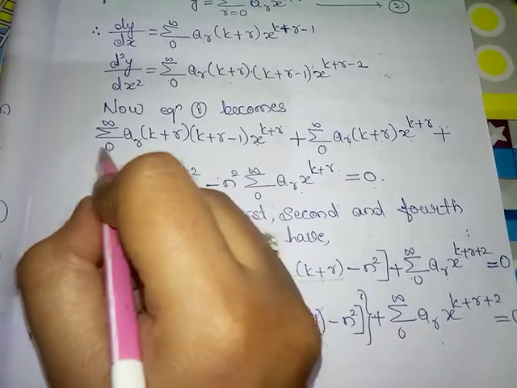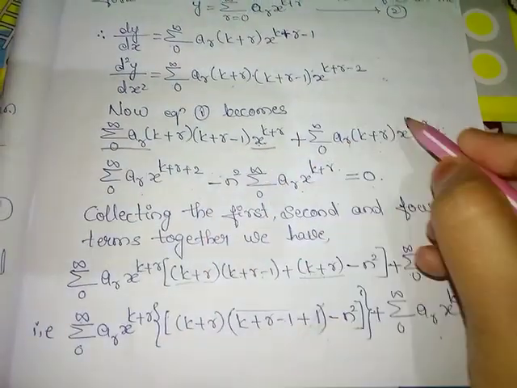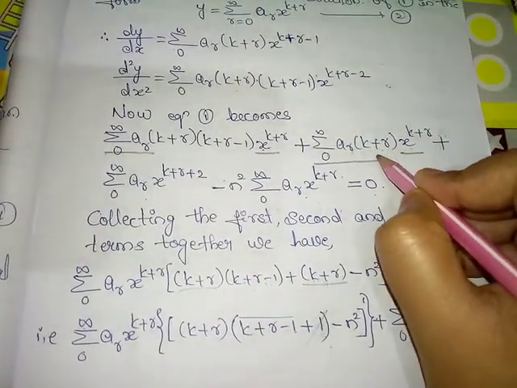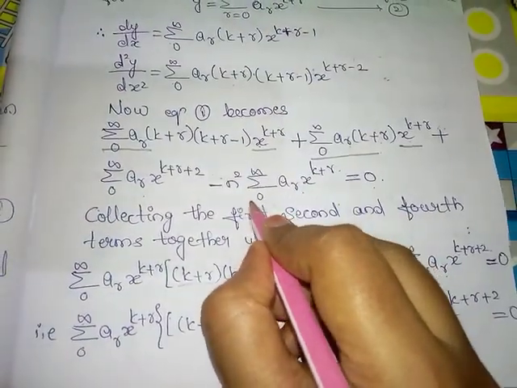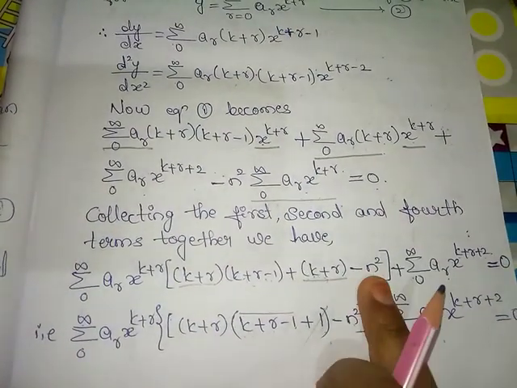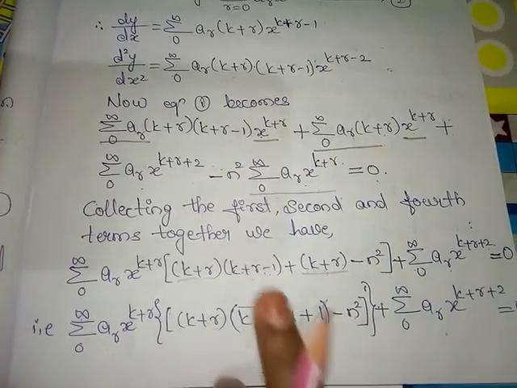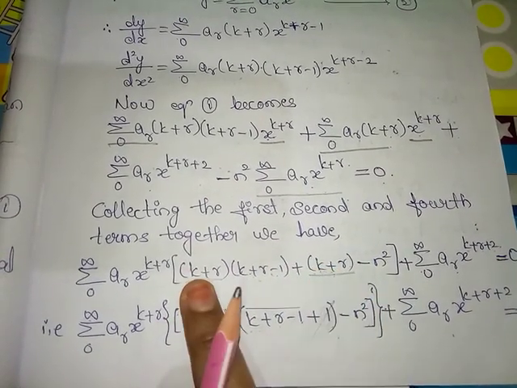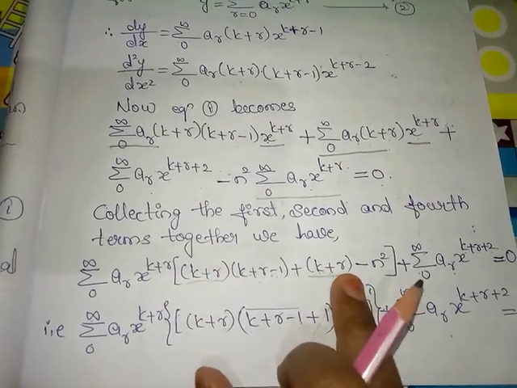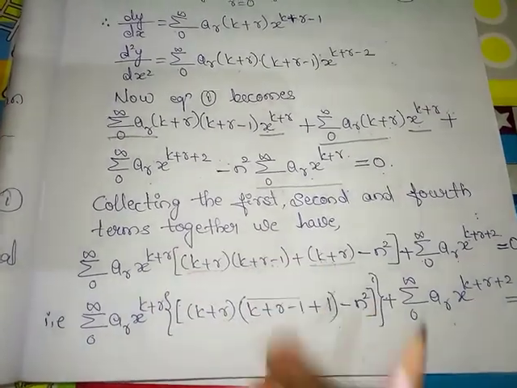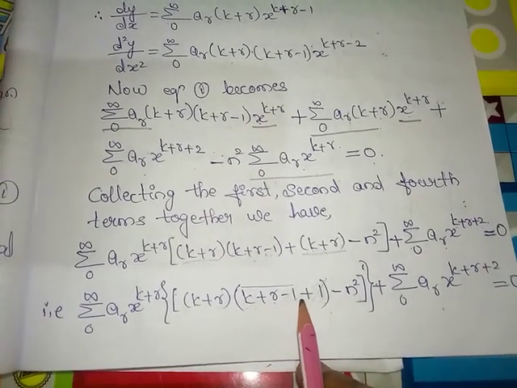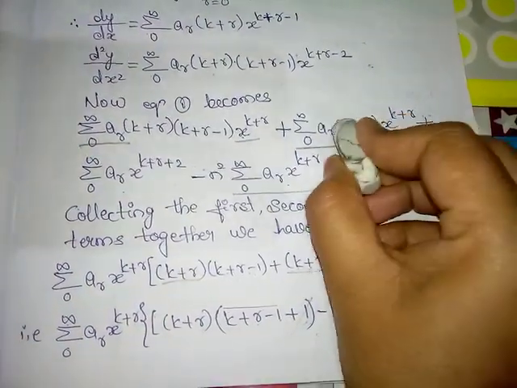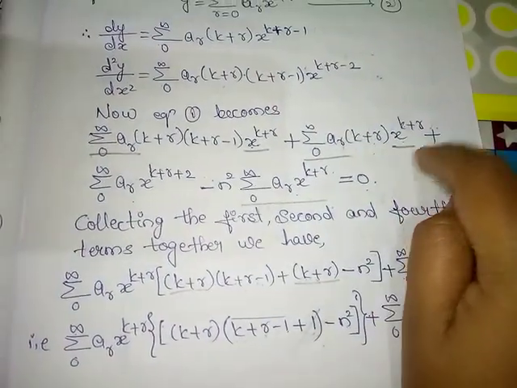In all three terms, first, second and fourth, these terms are common. These two terms have the common term k plus r. Take k plus r common, the remaining is k plus r minus 1, here we get the plus 1. Here only summation ar x raised to k plus r I am taking common.